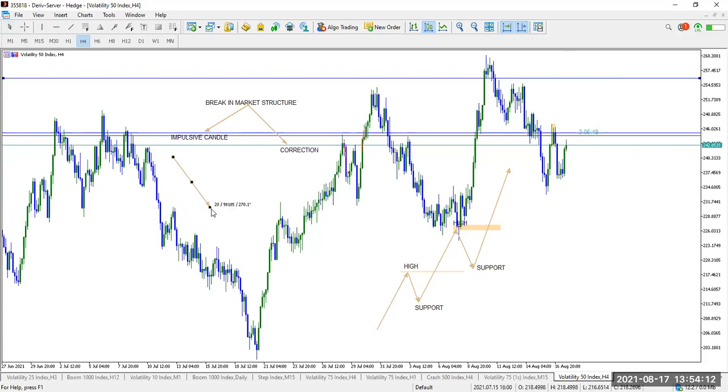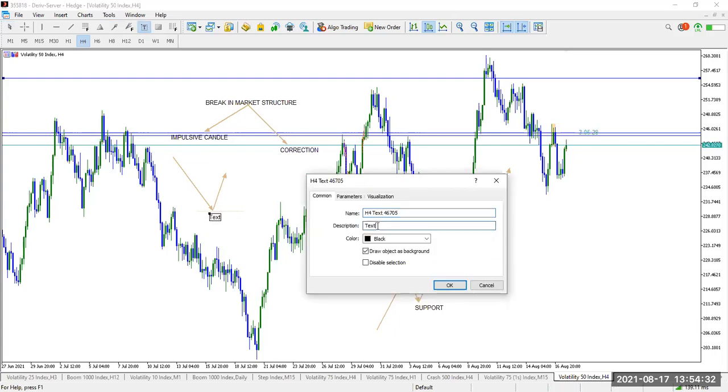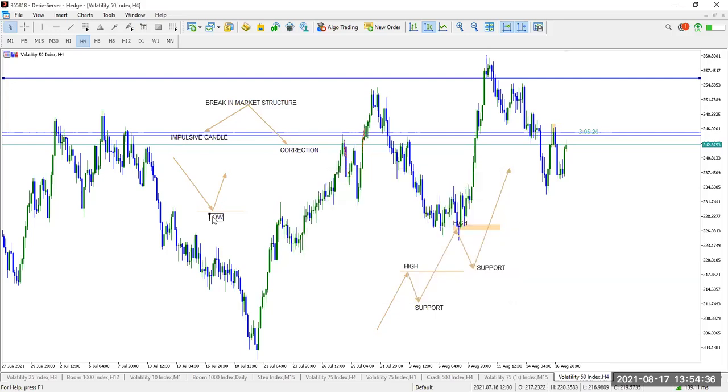Let's say this one was an impulse, and this one was a correction. From this correction we have gotten a low. Here is a low.